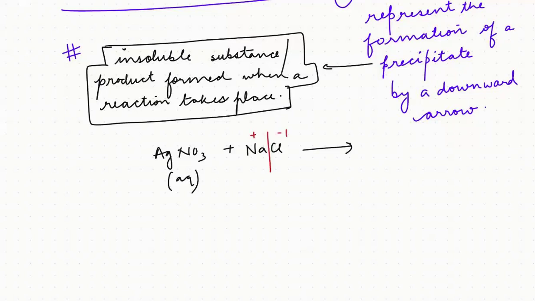So we would have AgCl and we would have NaNO3. AgCl shall settle down at the bottom.